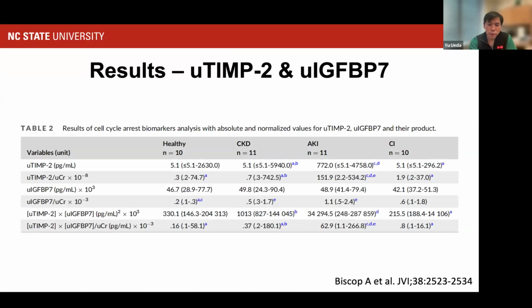Going to the results, the measurement of urinary TIMP2 and urinary IGFBP7 concentrations. This table summarizes all these measurements, especially the median and range of the concentrations. As in the human studies, they looked at the raw measurement of urinary TIMP2 and urinary IGFBP7 concentration, and also normalized these values to urinary creatinine concentration as a ratio.